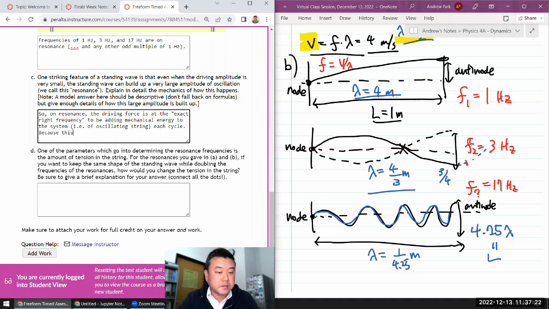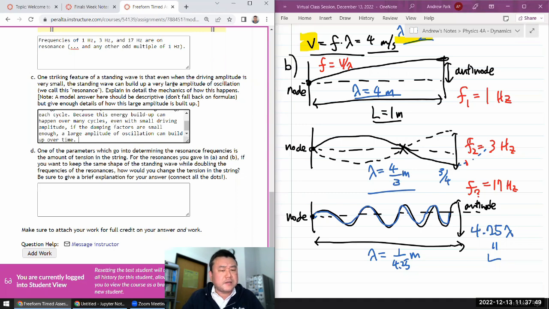Because this energy buildup can happen over many cycles, even with a small driving amplitude, if the damping factors are small enough, a large amplitude of oscillation can build up over time.